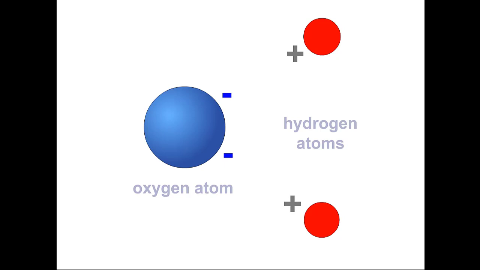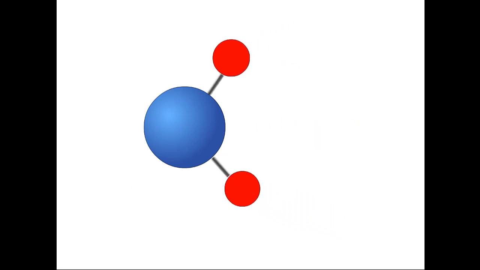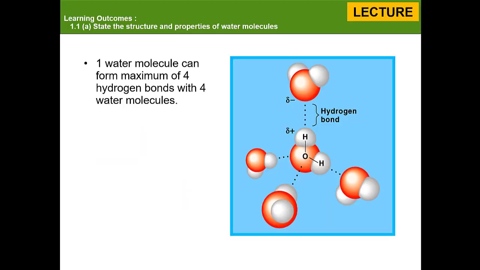The bond angle between the hydrogens and the oxygen is 104.5 degrees, making the molecule electrically asymmetric and producing an electric dipole. One water molecule can form maximum of 4 hydrogen bonds with 4 water molecules.